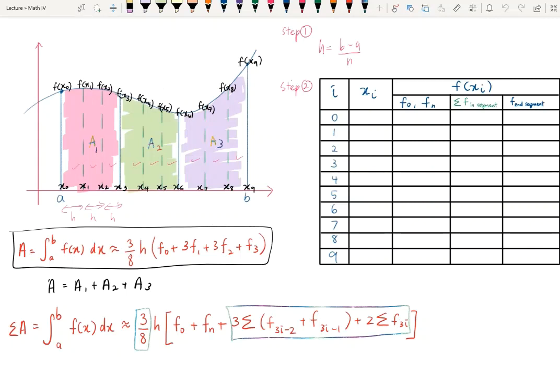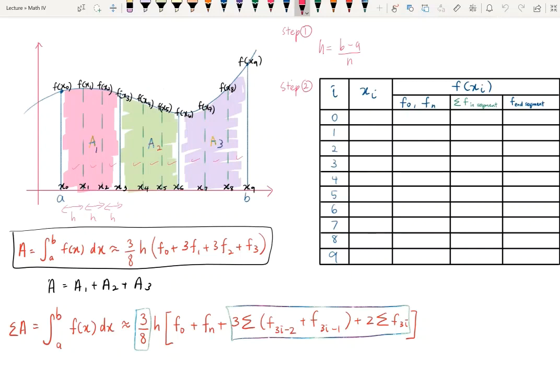Firstly, you need to fill up the first column, which is the value of I. Start with 0 until our N. Okay, and in this case our N is 9 subsegment. Okay, the second column is XI. Then you fill up with your XI value.